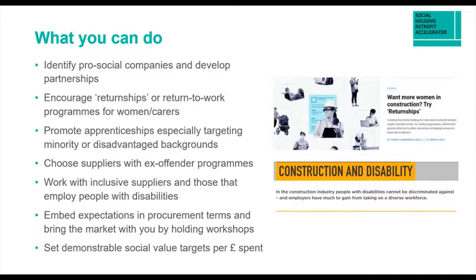So this isn't about giving you something that's going to create a lot of extra hassle and paperwork for you. It's about, again, finding those sweet spots in different relationships and almost letting the virtue of everybody going in the same direction create the outcomes. But it goes back to this point again, if you don't embed the expectations in your procurement teams as well, and bring the market with you by making sure that all of your suppliers, first, second tier and beyond, understand about this, then it's a lot harder.